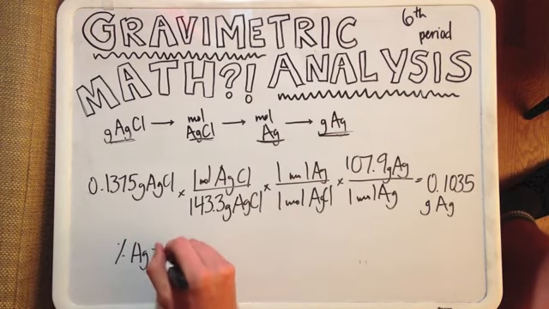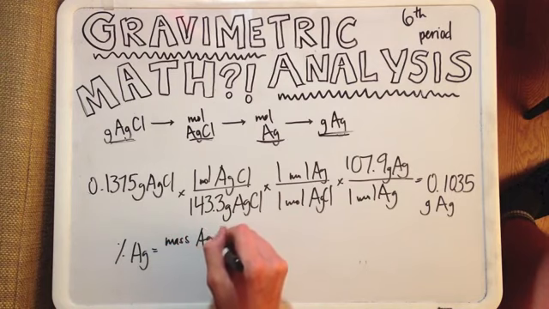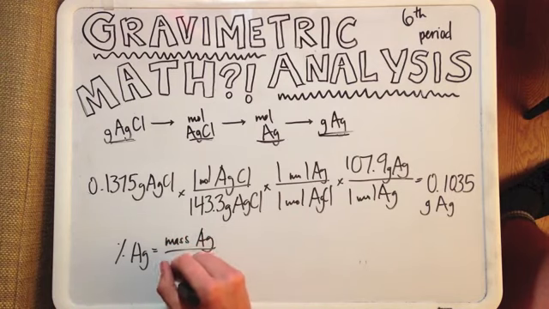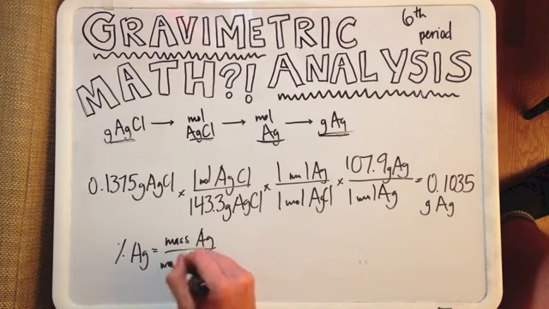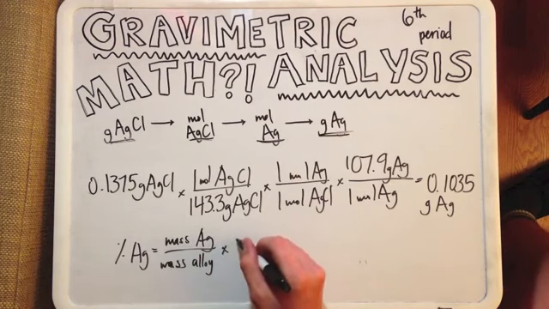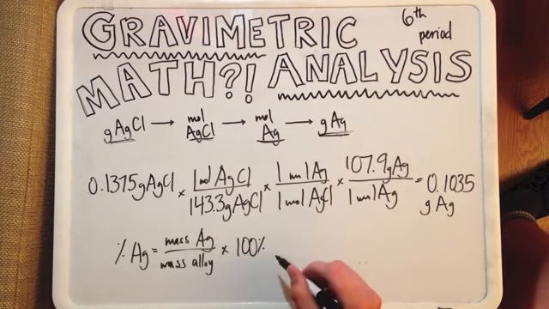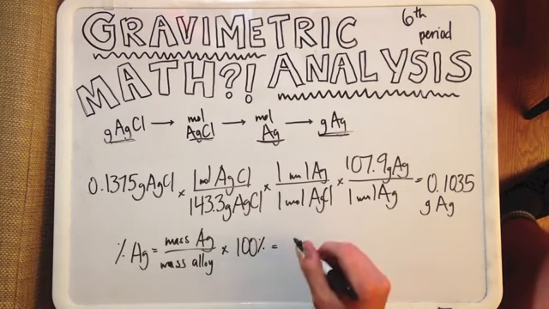Now this is a little more than self-explanatory. You take the mass of the silver and you do it over the mass of the alloy to get that percentage. Pretty simple stuff. And then don't forget to multiply by 100 so you get the percentage that you need.